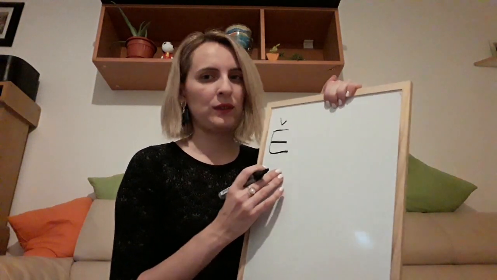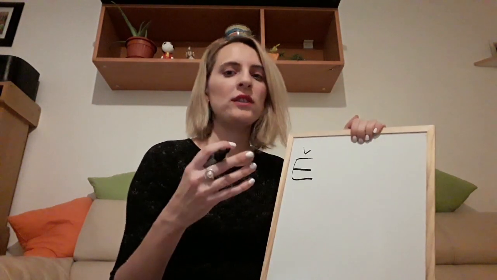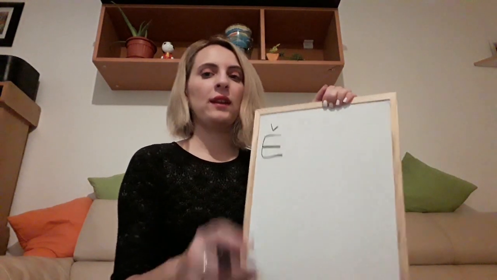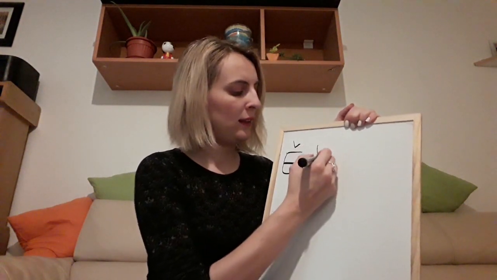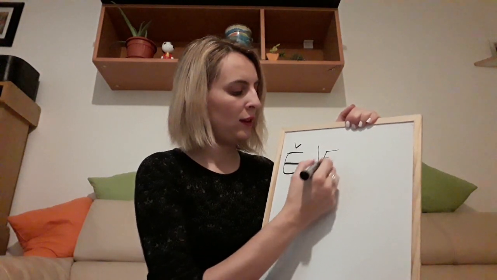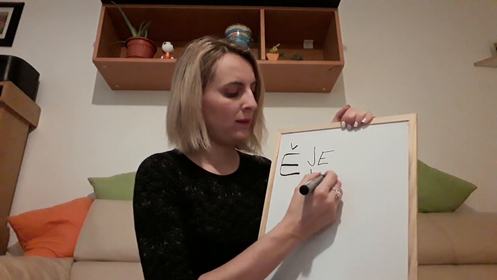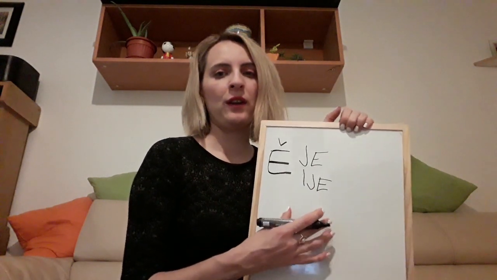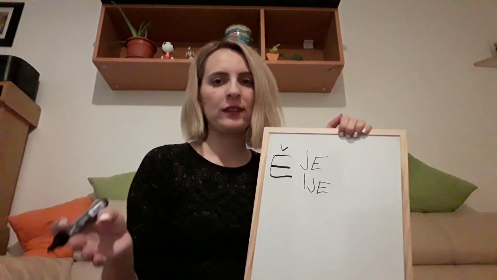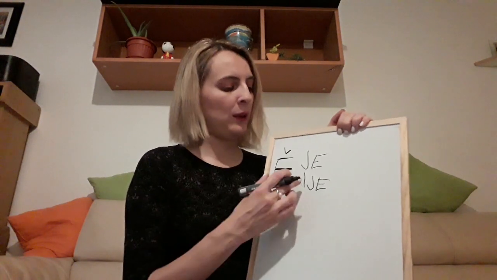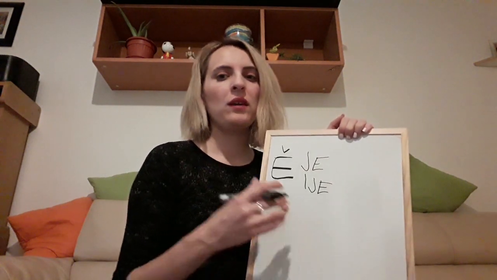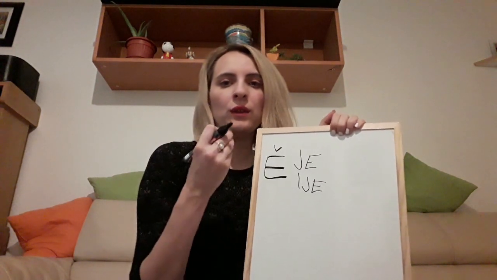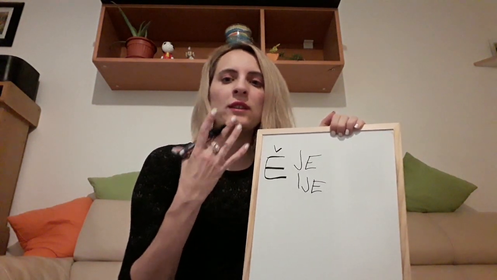So actually it depends on what is easier for you. This letter can be pronounced like ye, or ie. So it depends on how it is in your country, if you are Slavs. For example, we have ie and je in Croatia, but in the other countries, you just see what is easier for you to pronounce.